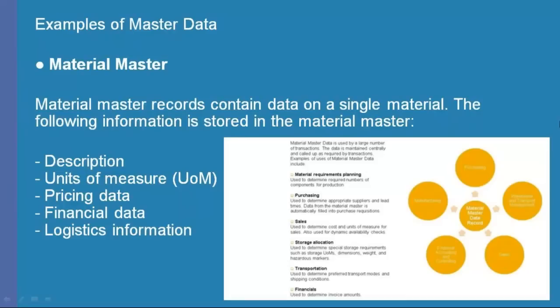Based on the relevant plant, we have different MRP profile details, meaning the MRP controlling details. Then there are some other details, categorically the unit of measure details, and then some pricing details, etc. These are all the different data you need to deal with along with the material master.